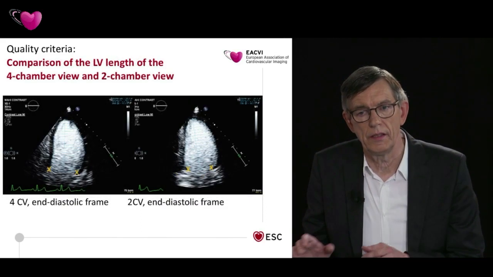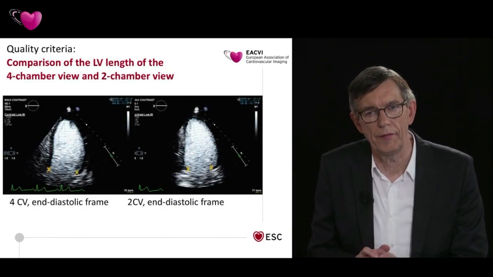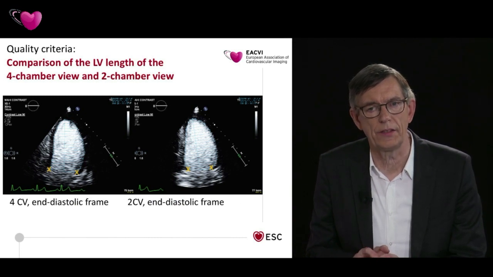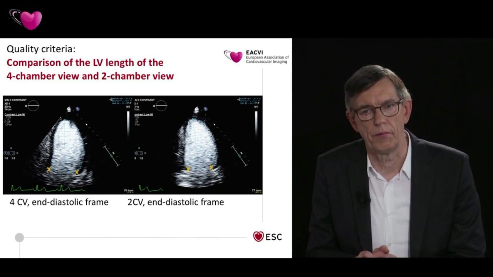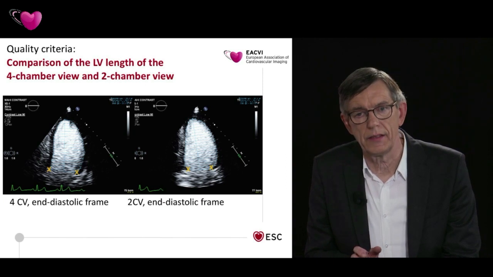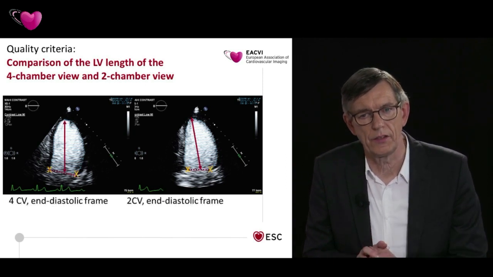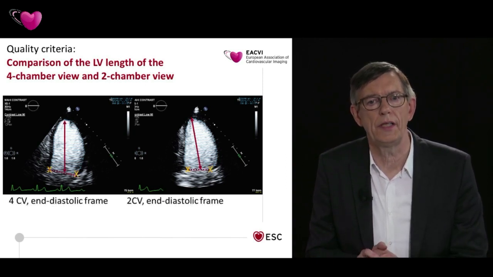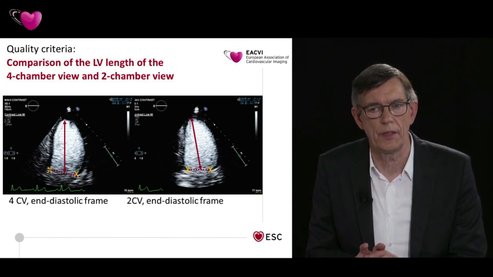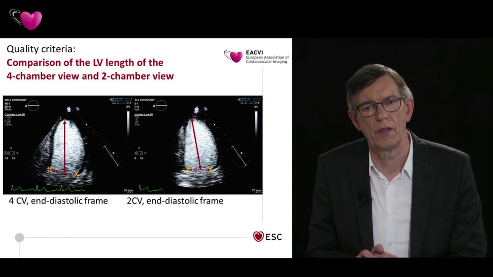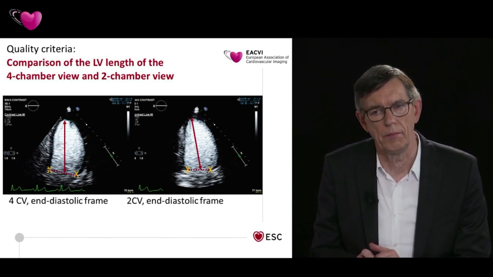The next step is we have to compare the LV lengths in the four and the two-chamber view. This is the length from the middle of the mitral ring to the apex in the four-chamber and in the two-chamber view. Now, why is that important? This is a very important quality marker.